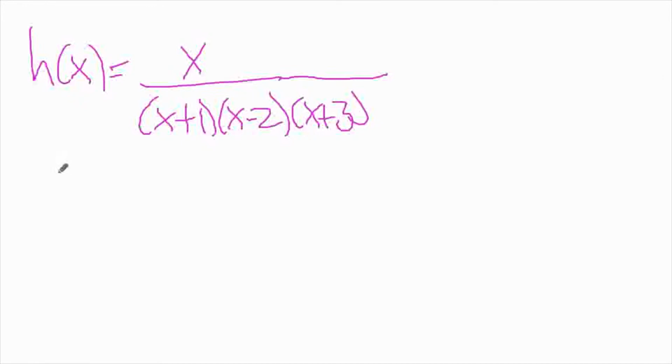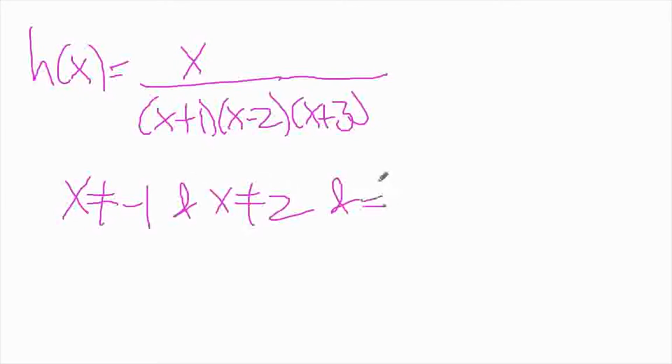For this one, we would say the domain is all x such that x does not equal minus 1, x does not equal 2, and x does not equal minus 3. So there's 3 points we have to avoid.